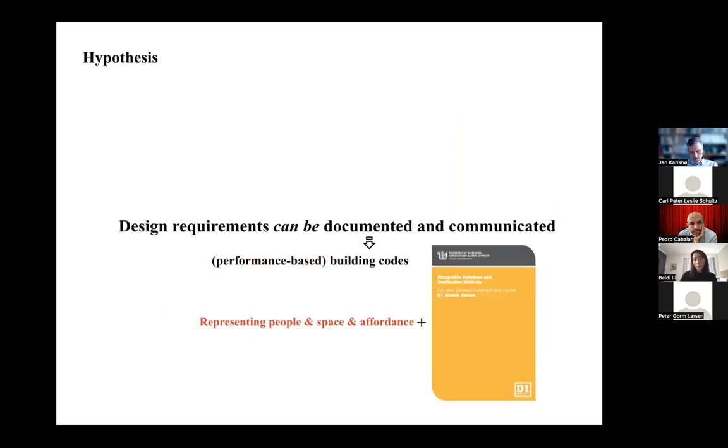So my hypothesis in the PhD thesis is that design requirements can indeed be documented, because they naturally already exist in building codes, especially performance-based building codes, which talk about how humans experience space, what their needs and experiences are, etc. So we have a building regulation, but we need a way to represent people and space and also the affordances that are elicited in those regulations.